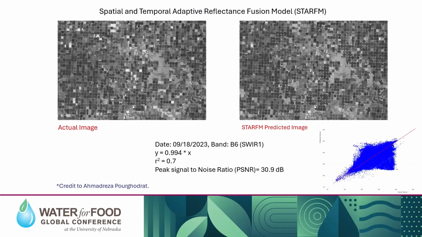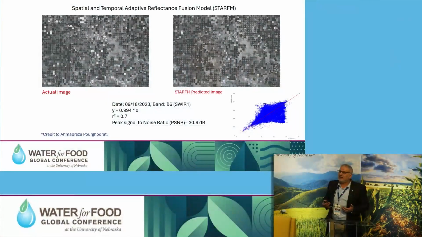Another advancement we are making is not only spatial, it's temporal resolution. We are using the spatial and temporal adaptive reflectance fusion model, STARFM, that Feng Gao from the USDA created in 2005. What we did was take the STARFM and update it with new satellite data.